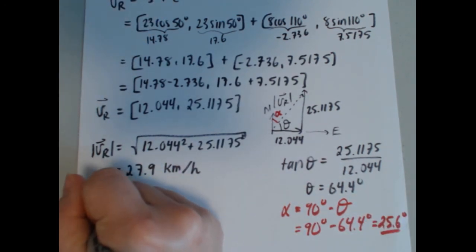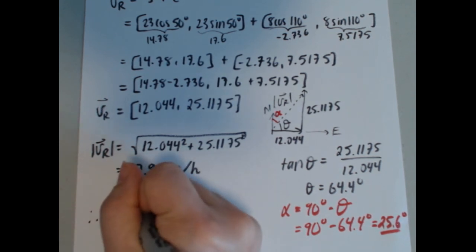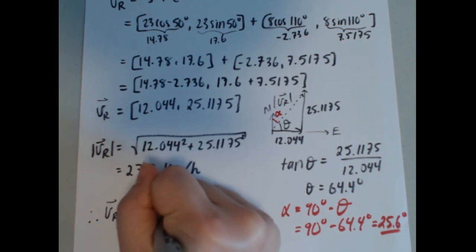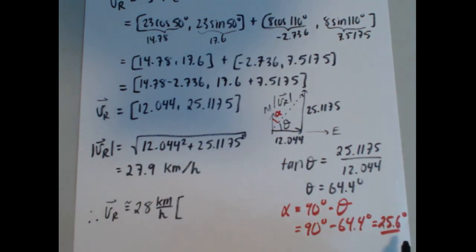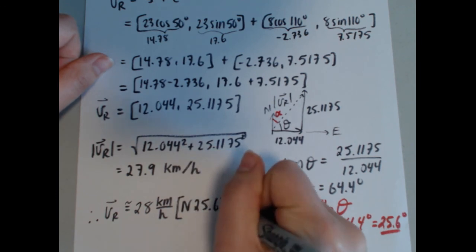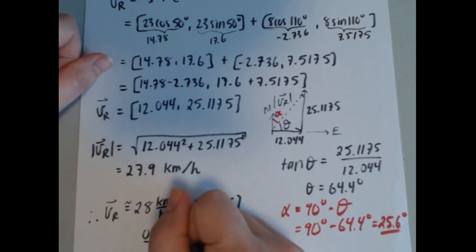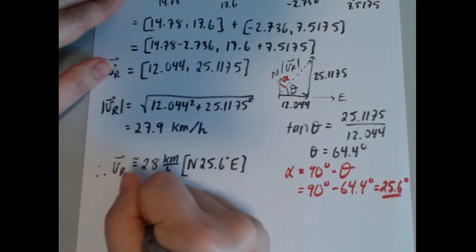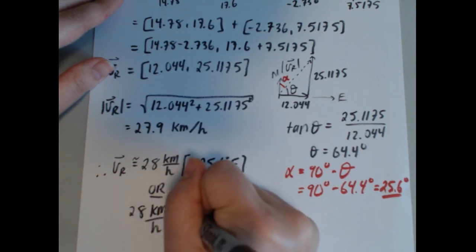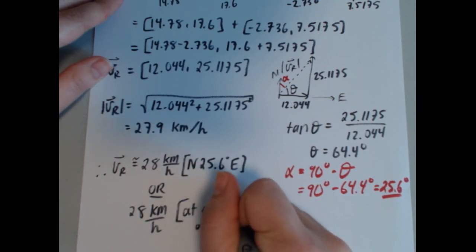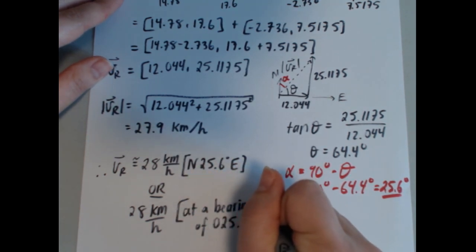So therefore, my final answer, the resultant velocity is approximately, let's just call this 28 kilometers per hour. And the direction is, well, a couple things. You can either say north, 25.6 degrees east, or you can say that it's 28 kilometers per hour, and the direction is at a bearing of 025.6 degrees.